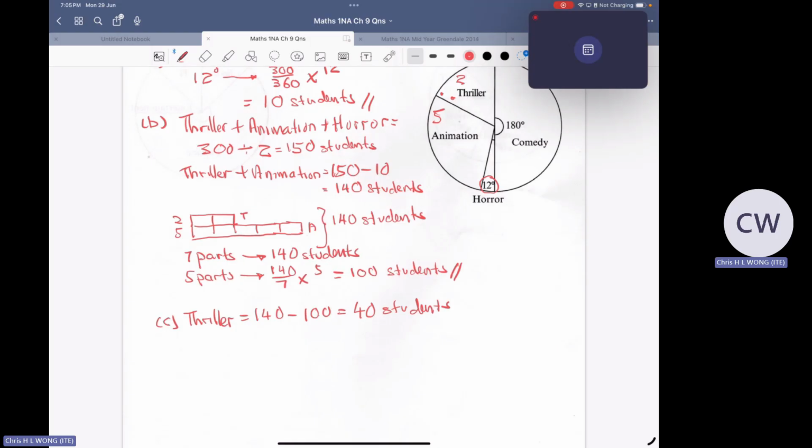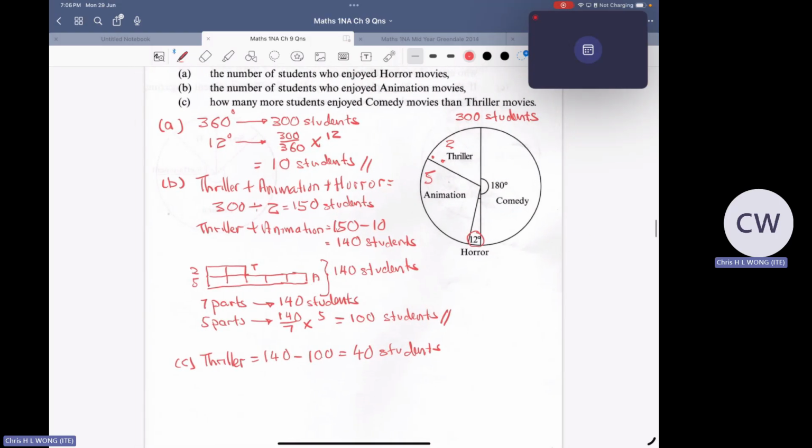But what I need to do is to compare, right? How many more students enjoy comedy movies than thriller? All you need to do is just take comedy 150 minus thriller 40. You have the answer, isn't it?